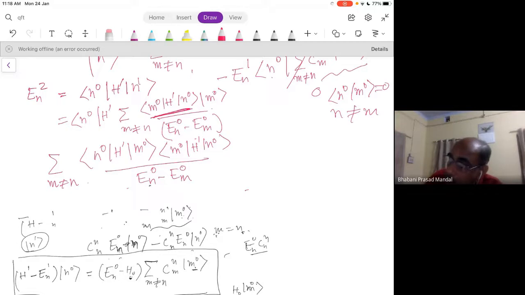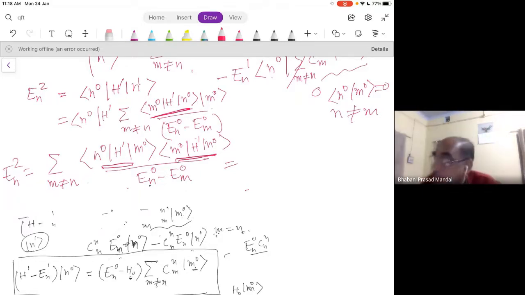This is my En2. This can be further simplified. See this quantity and this quantity, are they same or different? Let me ask Nilesh Bharti. Nilesh Bharti, can you tell whether these two quantities are same or different?